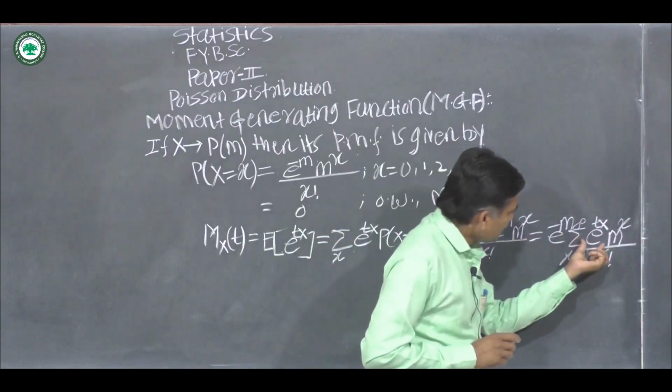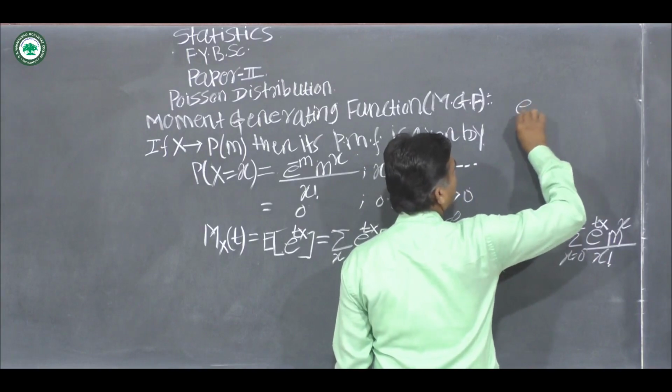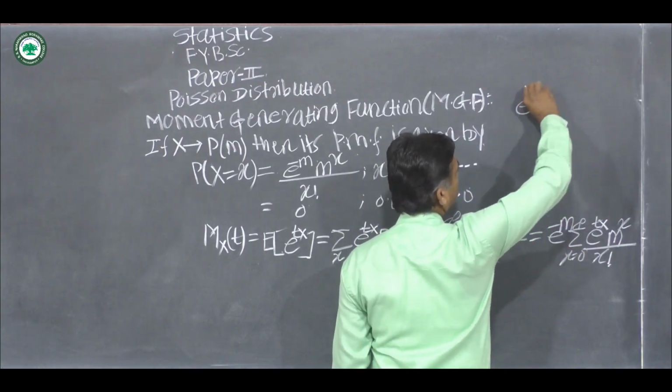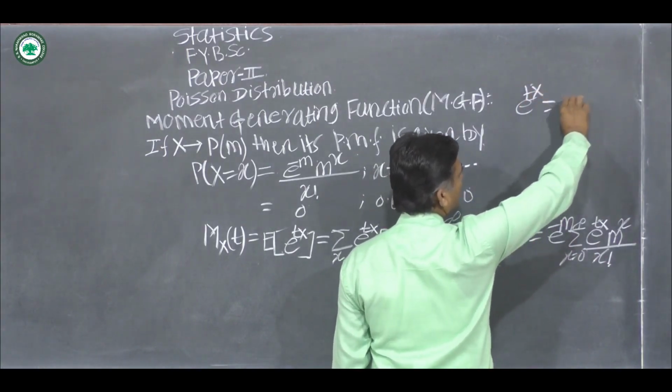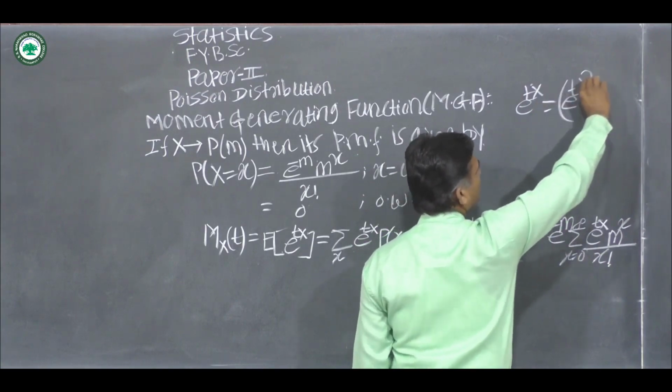Now e raised to t into x can be written as e raised to t, bracket, raised to x.